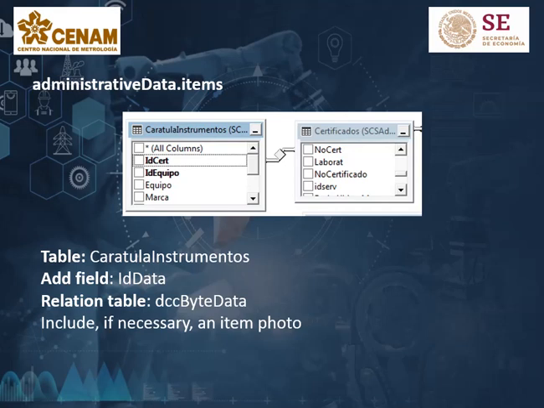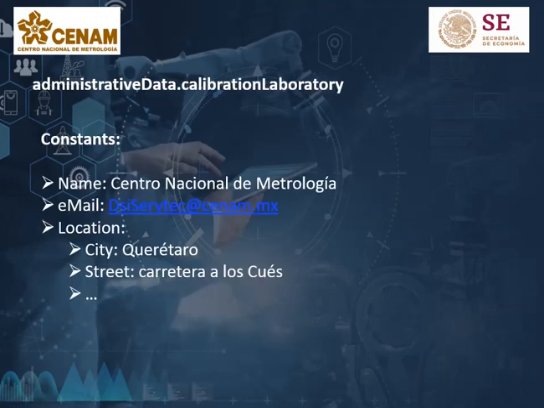As you already saw, we have the information about the equipment to calibrate. We have the description, model, serial number, brand, etc. But we will add the base 64 encoding. Calibration laboratory. This is all the information from CENAM, so we will consider them as constants.